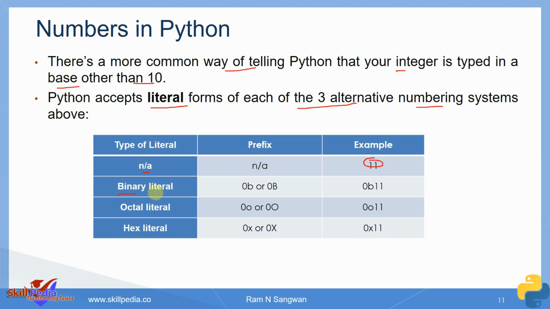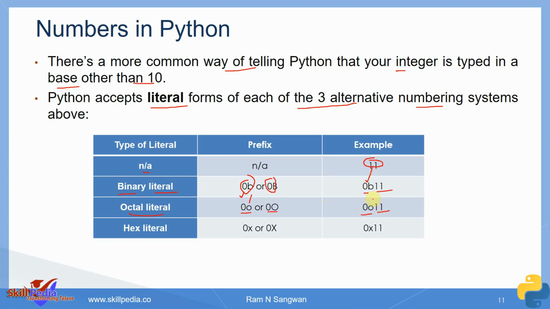For a binary literal, you can use 0b or 0B, so it becomes 0b11. For an octal literal, you use 0o or 0O, so 11 will be 0o11.